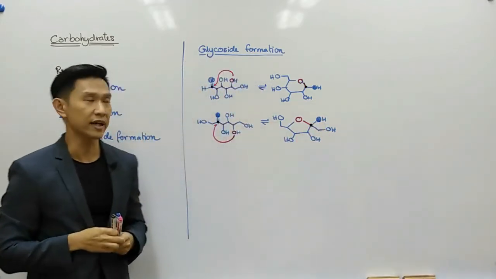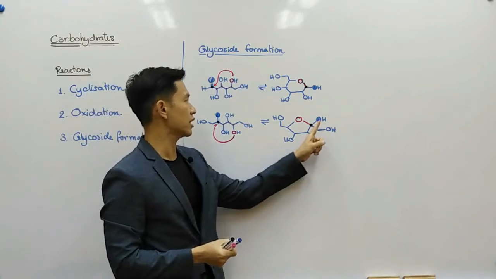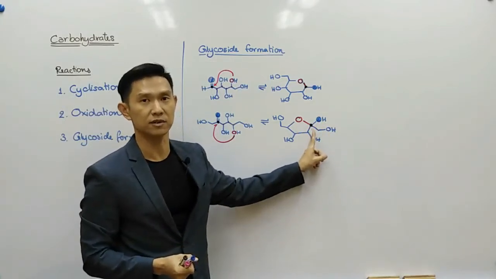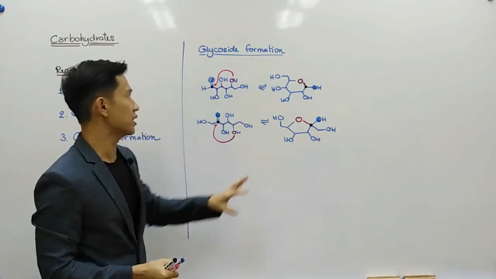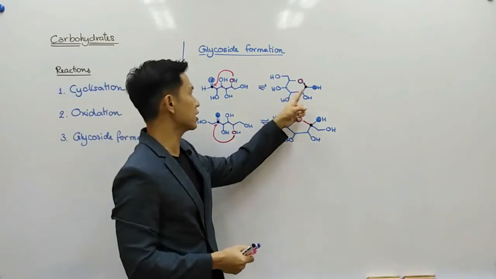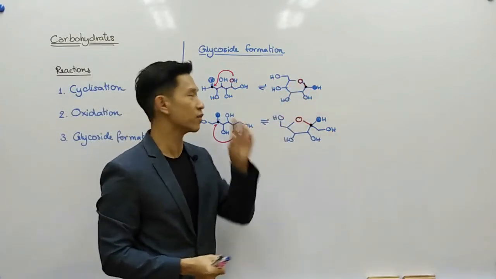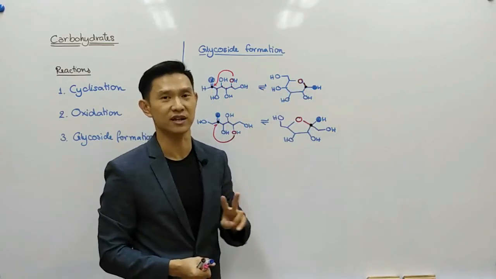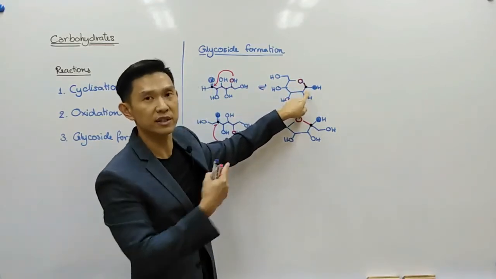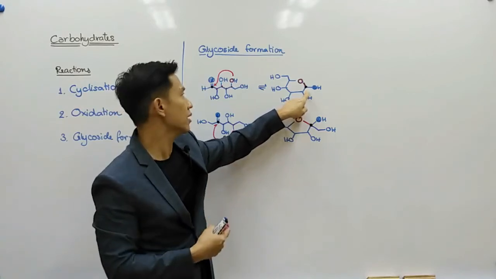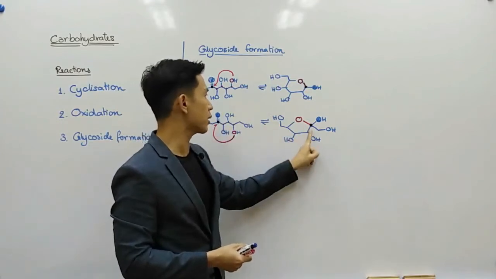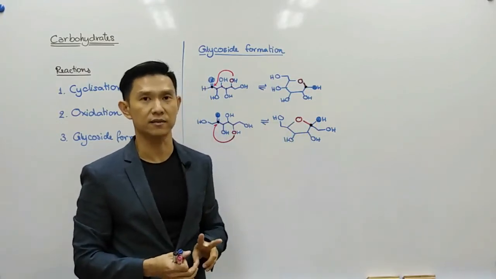As I mentioned earlier, the carbonyl is now changed to be something else, connected with 2 oxygen atoms. So when you see the cyclic structure, what you have to find first is the carbon connecting with 2 oxygen atoms. And then you can know automatically that this one previously appeared as the carbonyl, because this one is connected with 2 oxygen atoms.